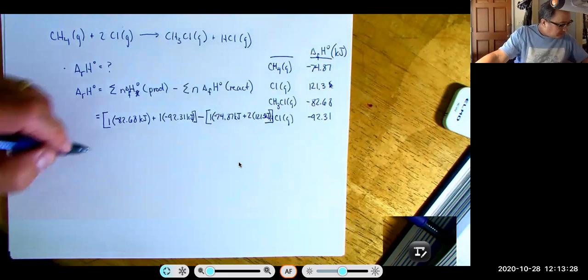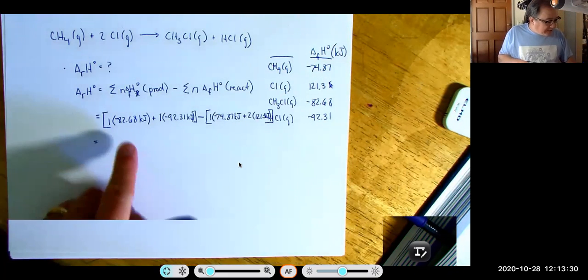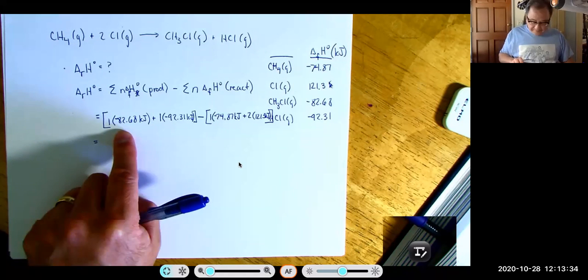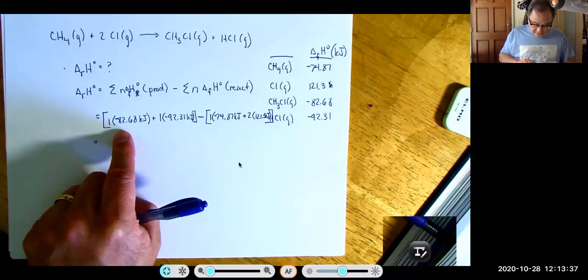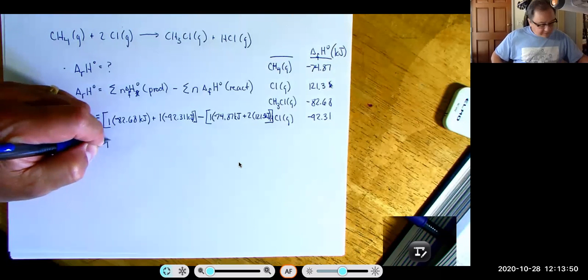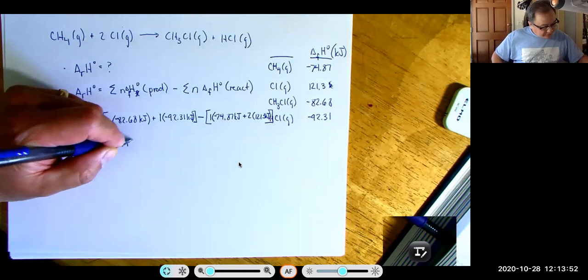Okay, so I'm going to add these two together first, and I should get around minus 174, right? Or minus 175, pretty close to that. So 82.68 plus 92.31 is equal to 174.99 kilojoules.